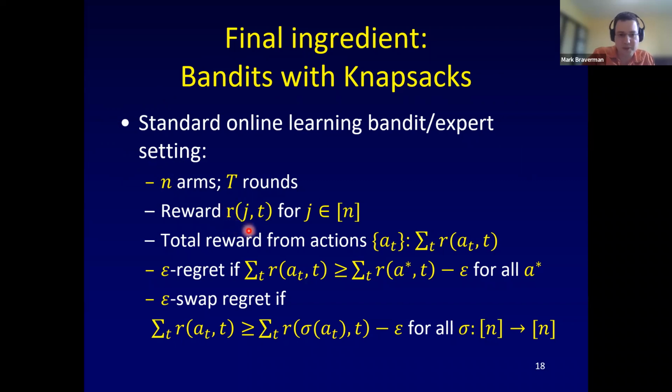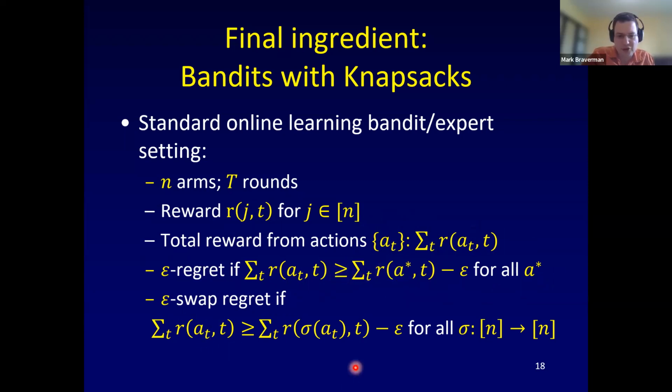You get a reward that depends both on the arm you pull, j, and the round t. So reward can change over time. The total reward from actions is the sum of rewards over time. And we have epsilon regret if we do better or almost as well as the best strategy in hindsight.